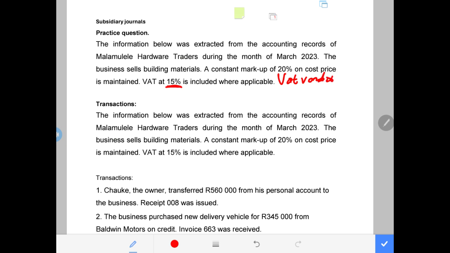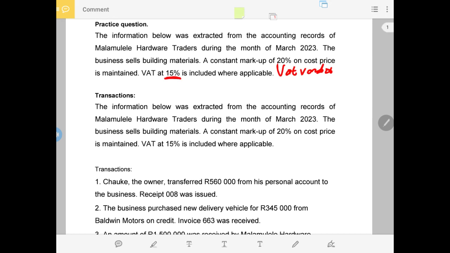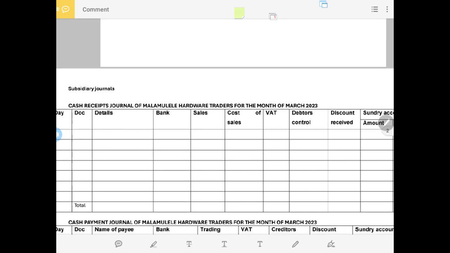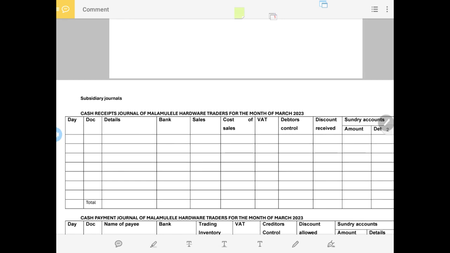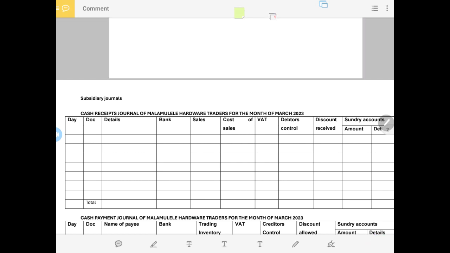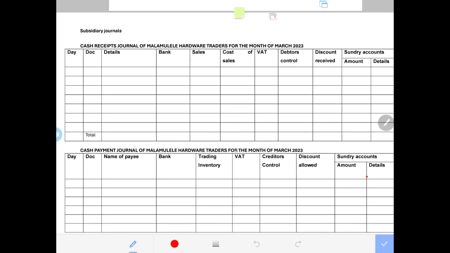If they are a VAT vendor, that means they can record input VAT and they can also record output VAT. That is why, when you see the information that I've already completed for you in the subsidiary journals, being our cash receipt journal, you can see that there is a column for VAT, which indicates that this company is really a VAT vendor.